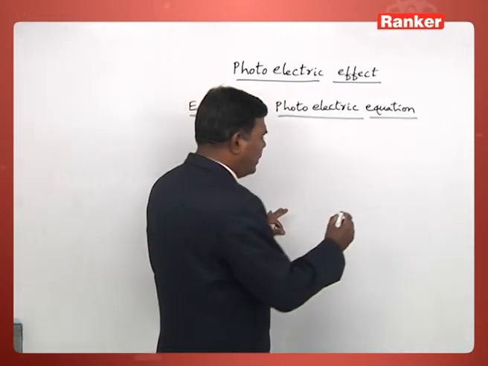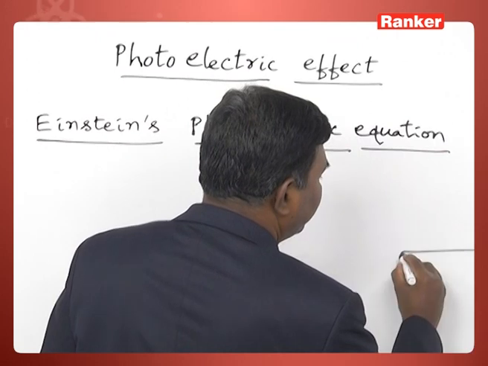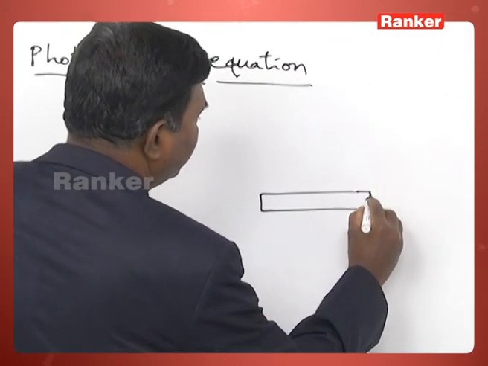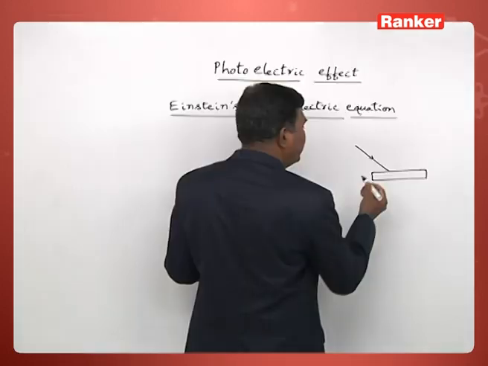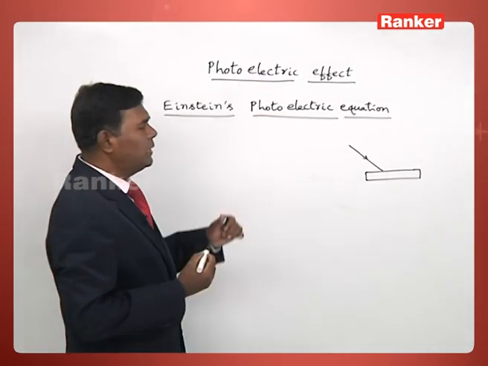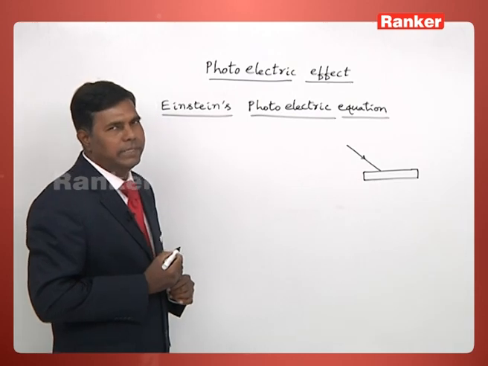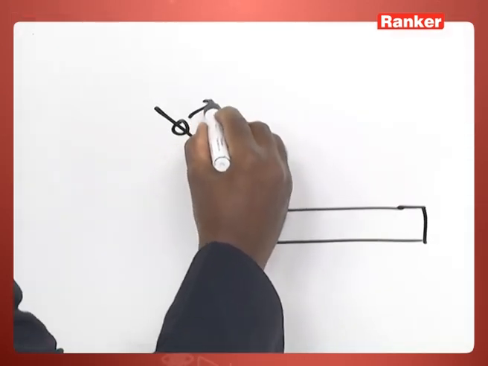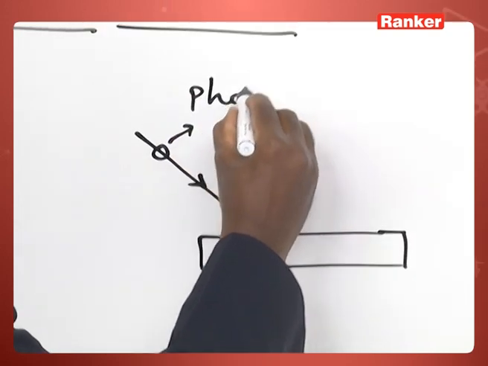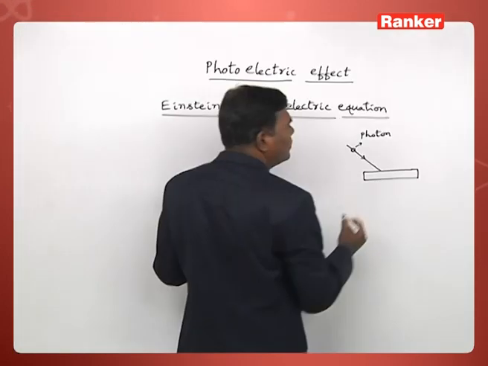Typically, we can show this with this one. Let us say you have a metal and a radiation is incident on it, radiation having sufficiently high frequency. Now, the radiation consists of a number of photons. This is a photon.